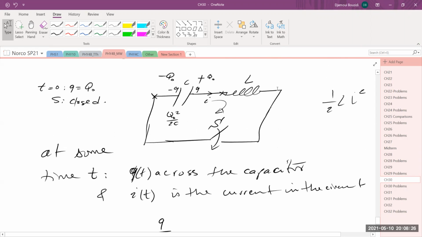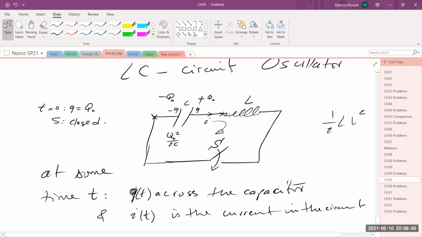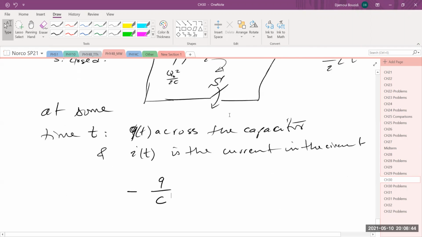But now I'm going from this position to that position, and the inductor does not like the change in the potential. And the drop in potential in this case, okay, is going to be minus times minus, so it's going to be L dI over dt. And this must be equal to 0. Okay.